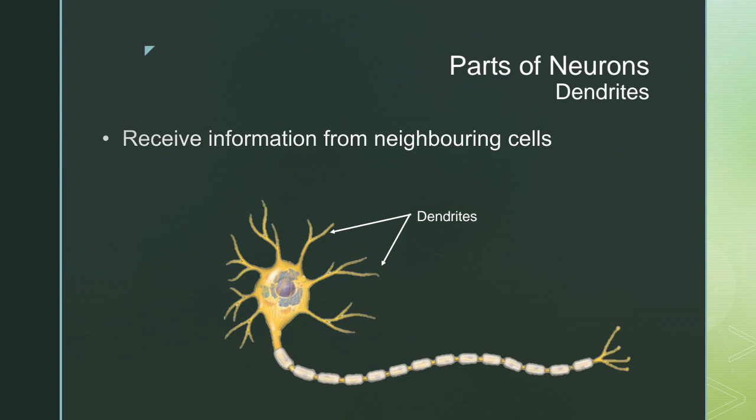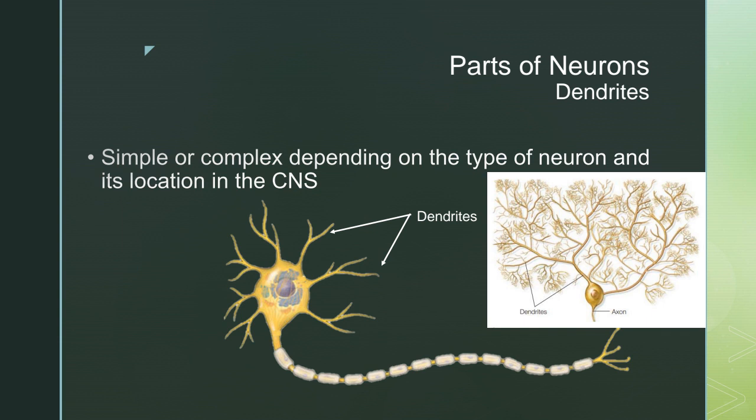So dendrites are the input zone for a cell, and they can take on many varied and complex forms. This is a pretty simple dendritic arrangement that we've got in this cell, but they can be really complex. So let's skip ahead and see.